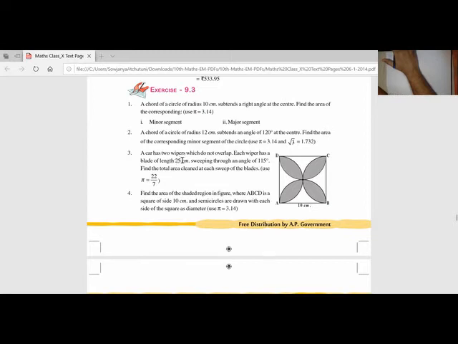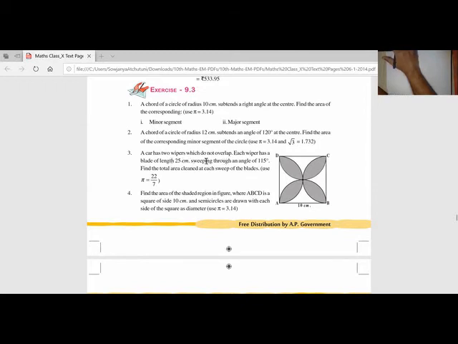Each wiper has a blade length of 25 centimeters. This is different, leave it. Let us see this problem.